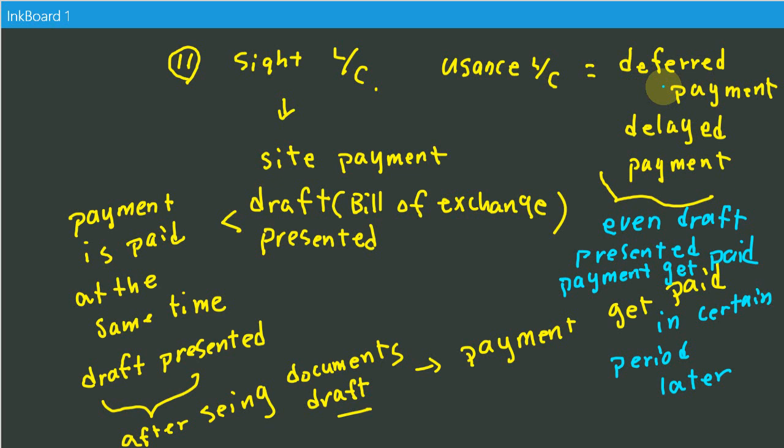Okay. Then we have two kinds of LC, sight LC and usance LC here. And then again, we will go to special LC.